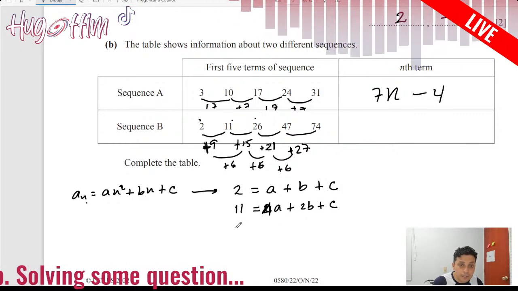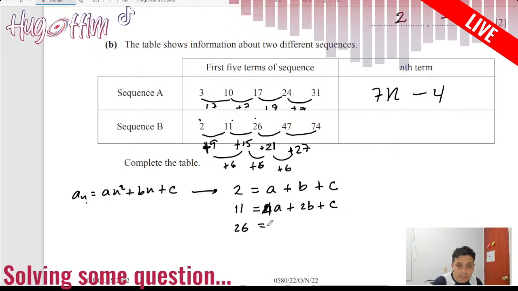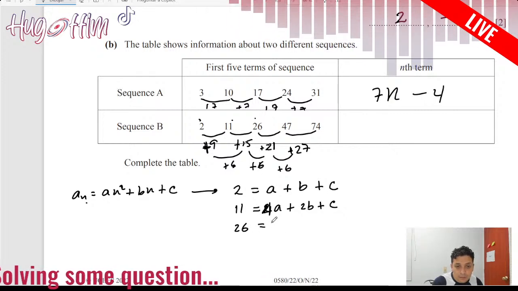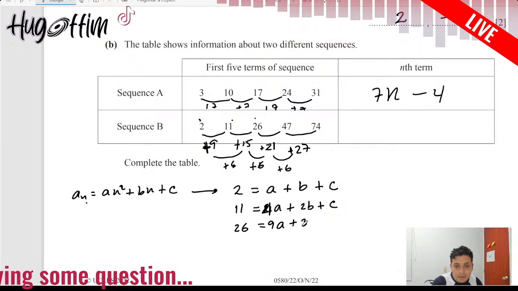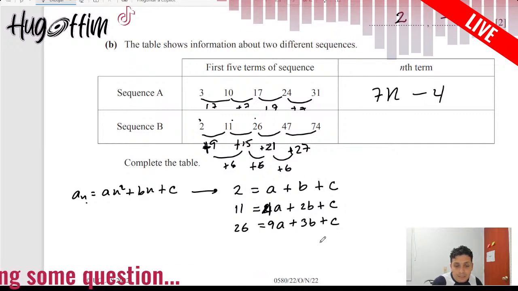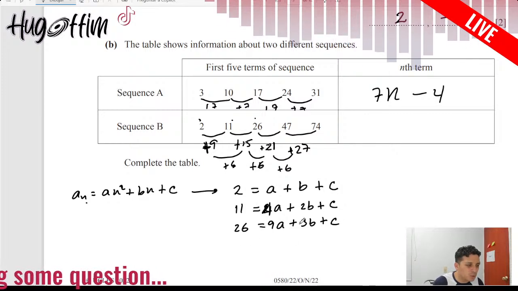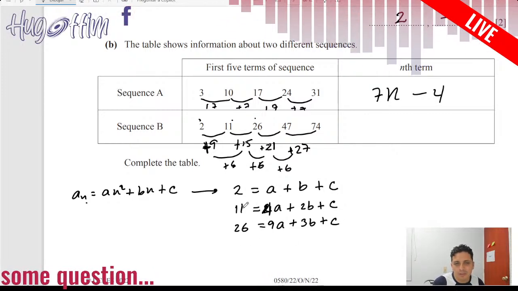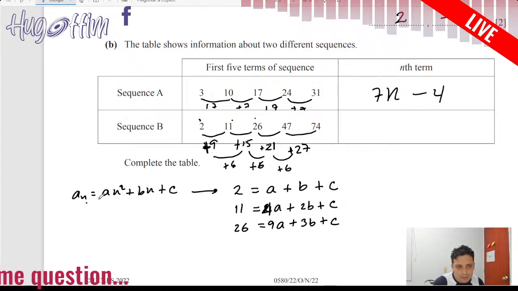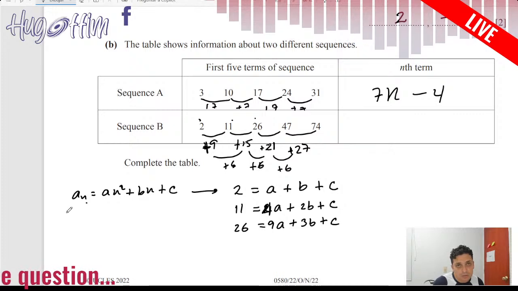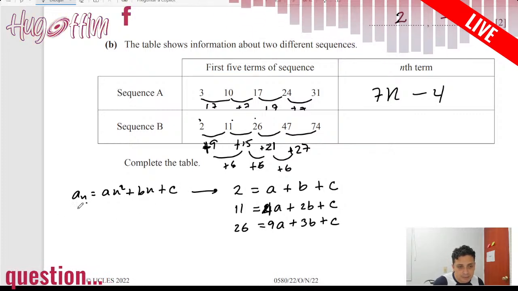And the third one is 26 equals 3 squared, 9a, plus 3b plus c. This is not the best way to do it, but if you don't remember the second difference, it's better to go for this. Or if you want, remember the second difference.